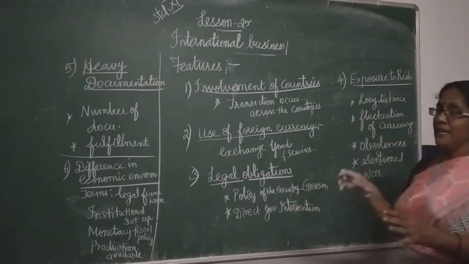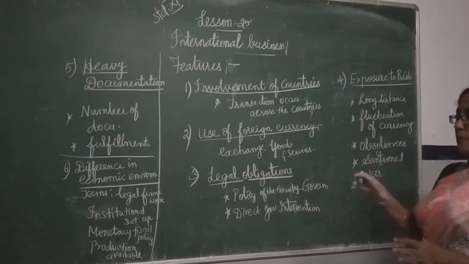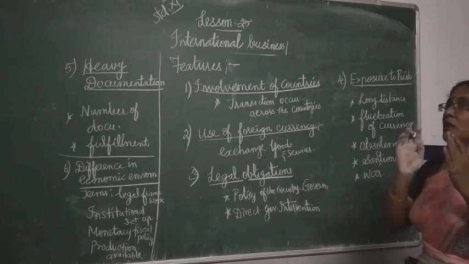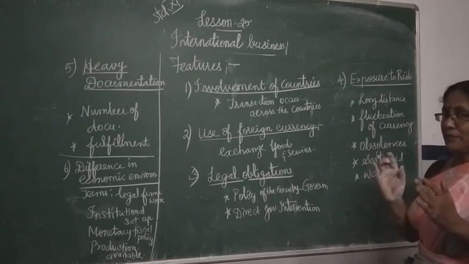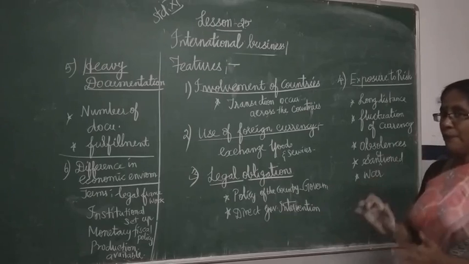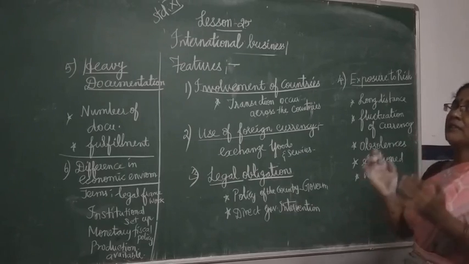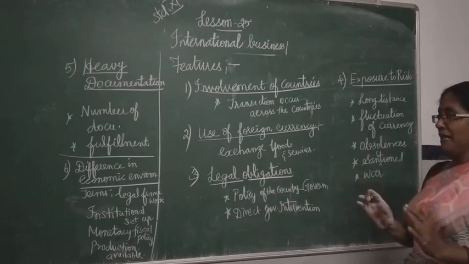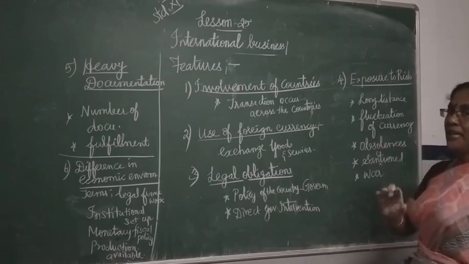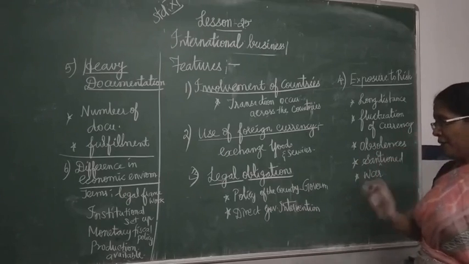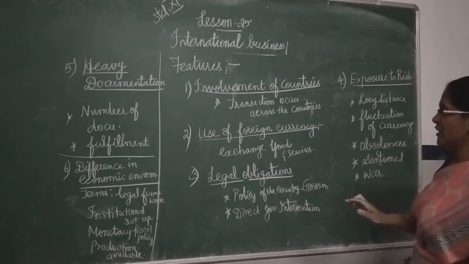In whichever country we are importing or exporting, that country's government will interfere in the subject matter of the export and import of goods. We have to satisfy the government rules and regulations, then only we can do the import and export business. Definitely the government will interfere in the legal application of the business.